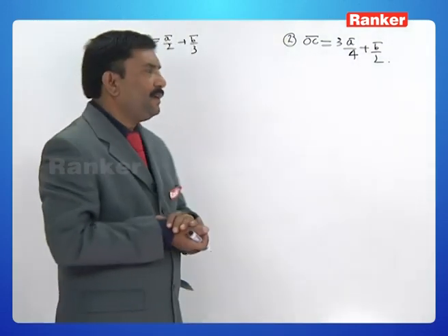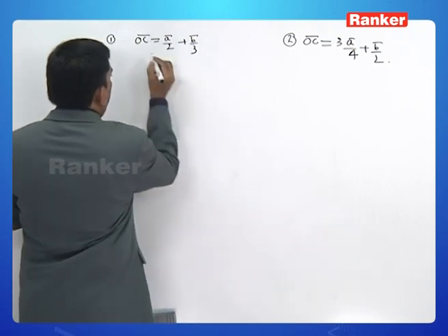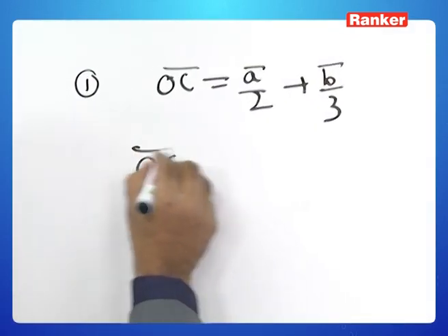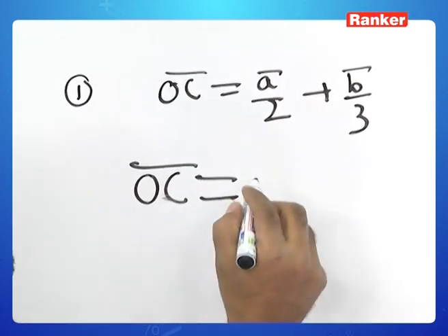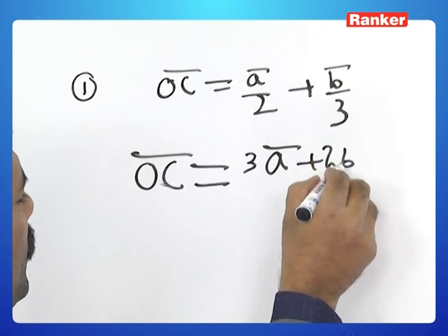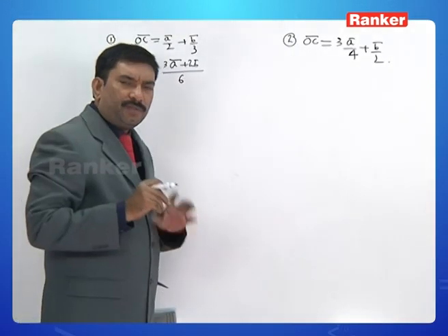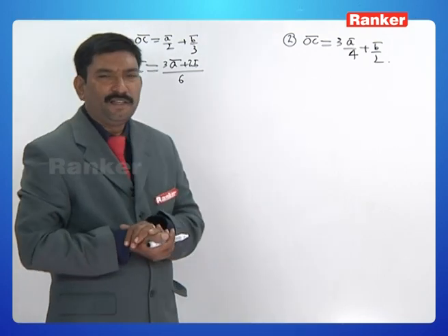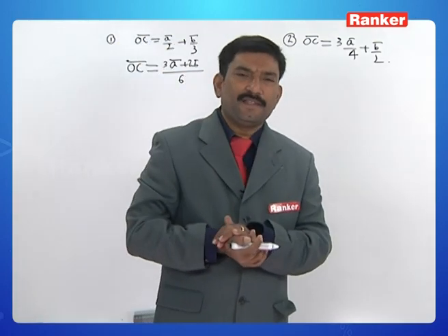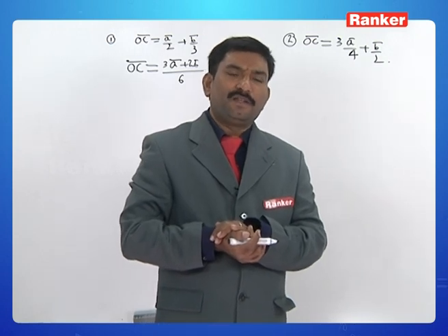Okay, now try to think about this. If I draw, this is OC bar, and OC bar is equal to 3A bar plus 2B bar by 6. You see, when does the geometry fail?